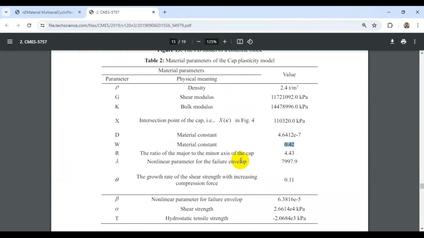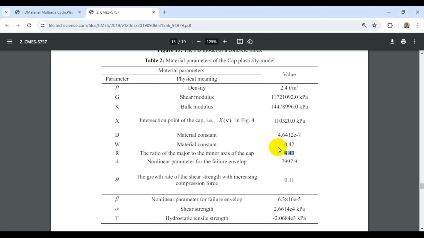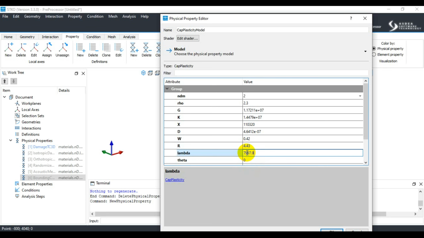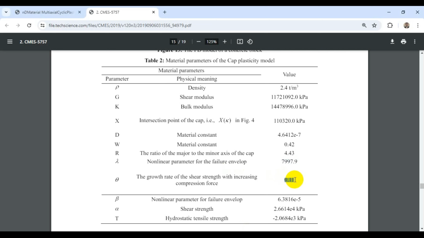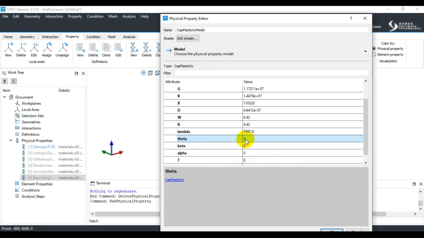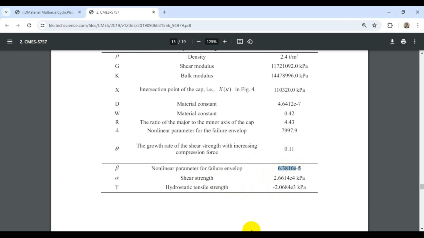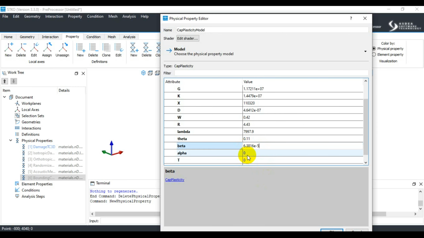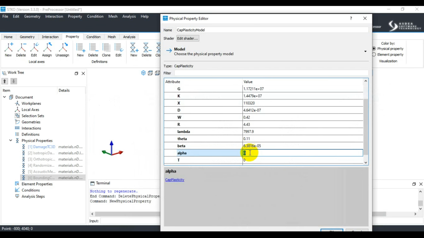And then R, then we have lambda or Fourier envelope, and we have theta, then we have beta, and shear strength.